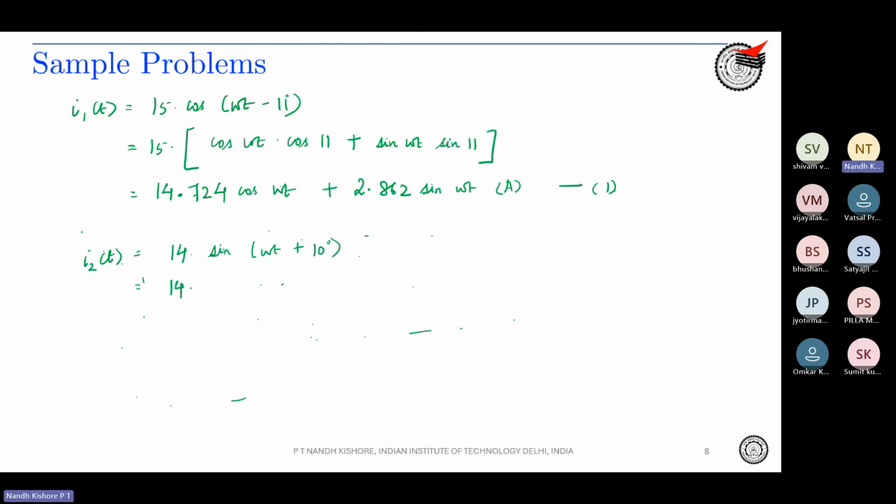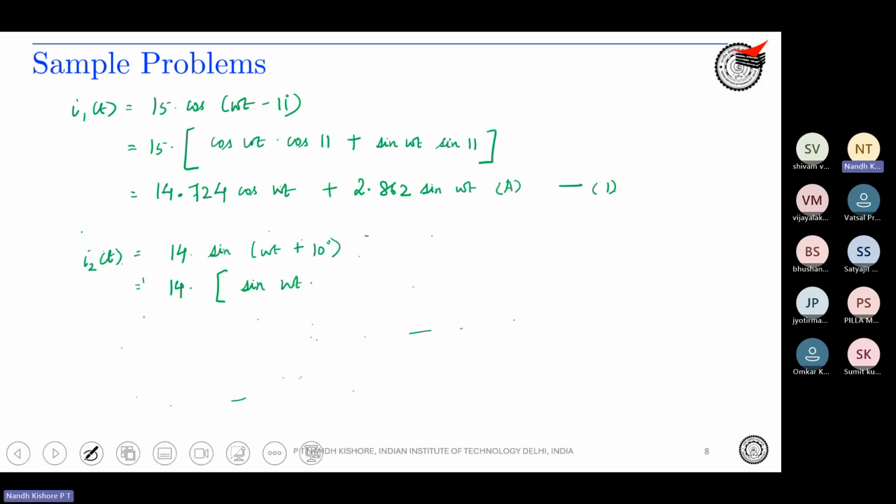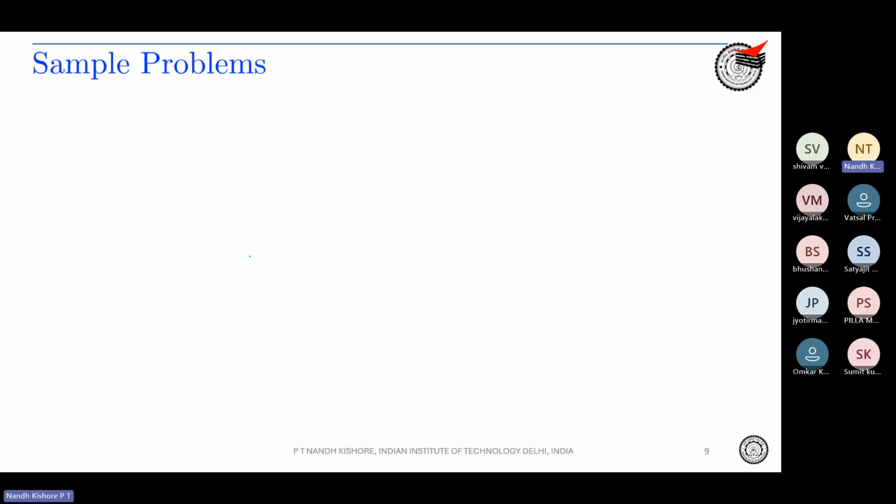So this can be written as sin of a plus b, which is basically sin a cos b plus cos a sin b. So sin omega t into cos 10 plus cos omega t sin 10, correct?